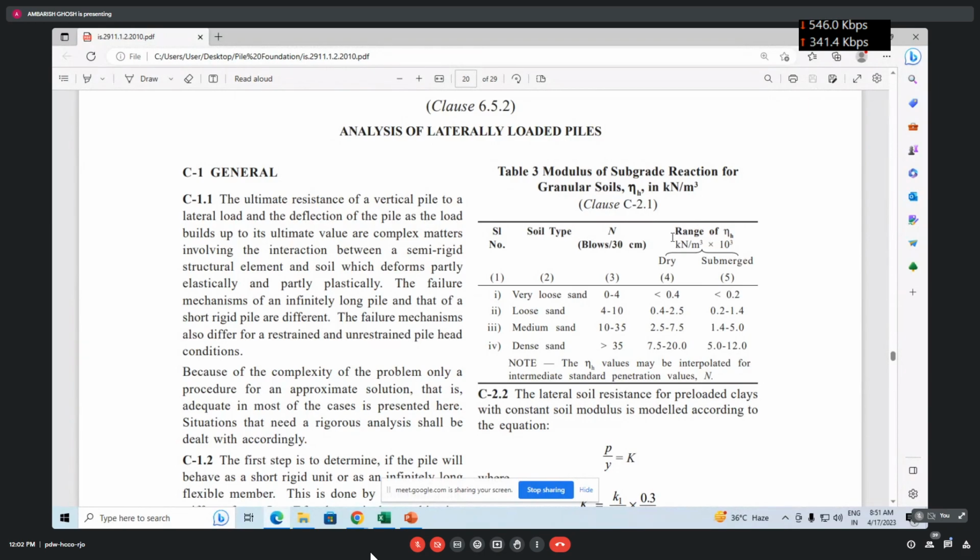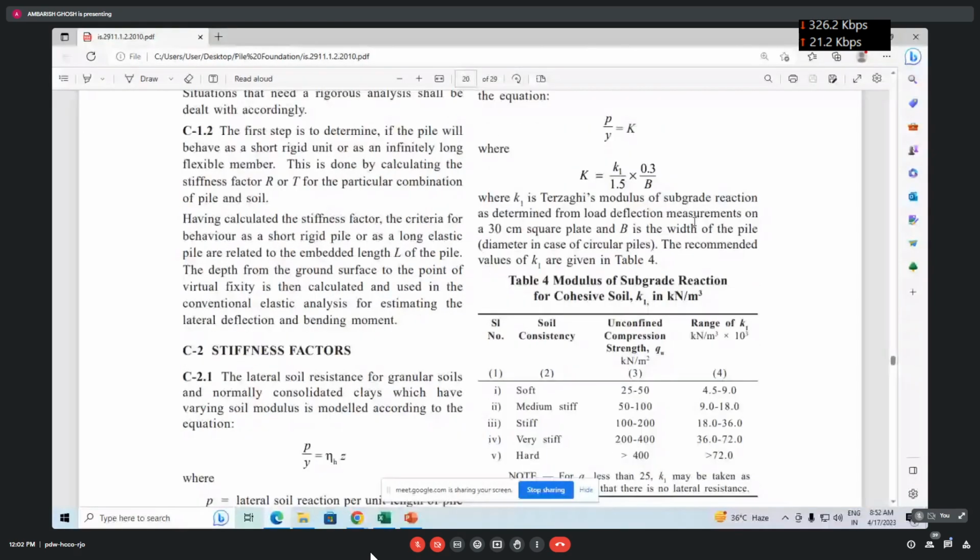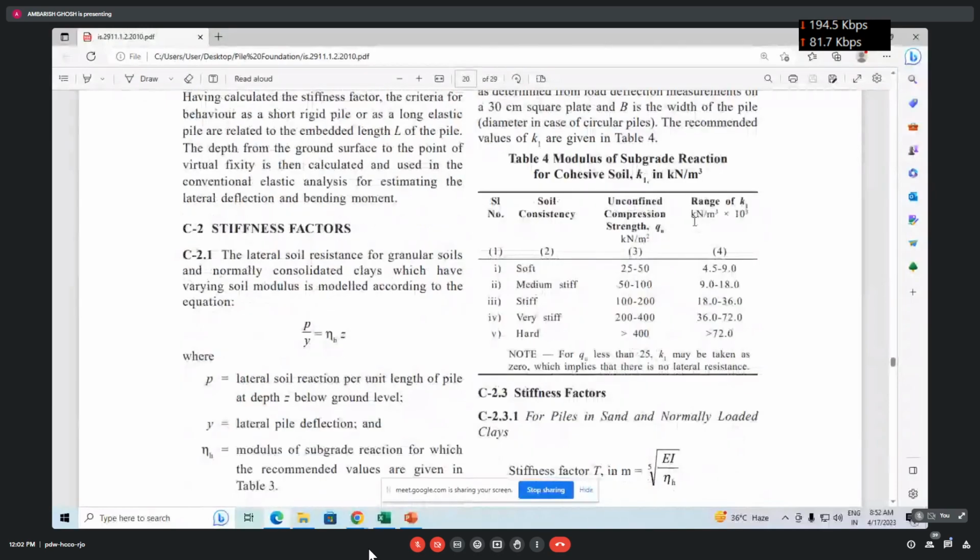If you do not use the units properly, you will be in trouble and will not be able to compute the correct value. Now this Table 3 is for granular soil. You can see very loose sand, medium sand, dense sand, like that. Depending on the N value, either in dry state or submerged state, the values of eta h are given. This is one table.